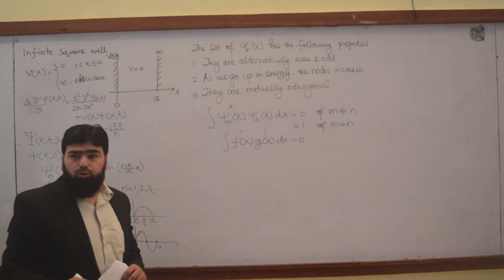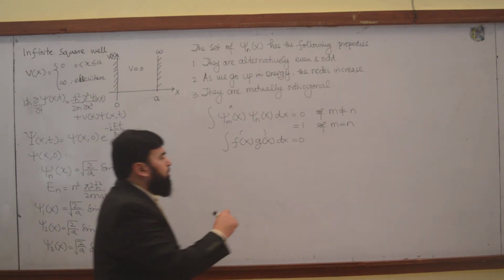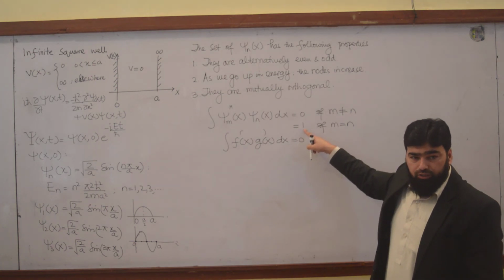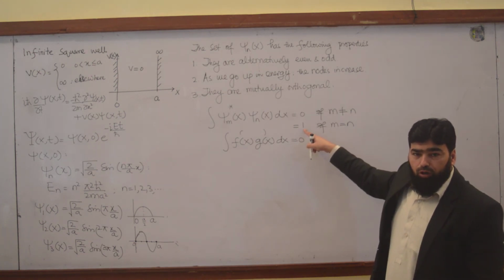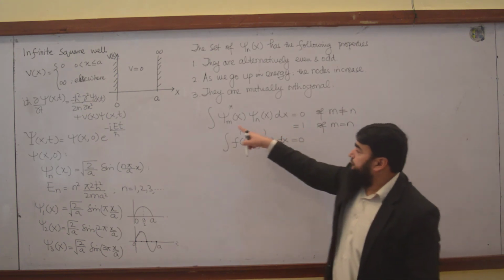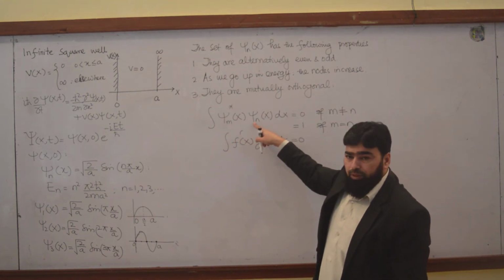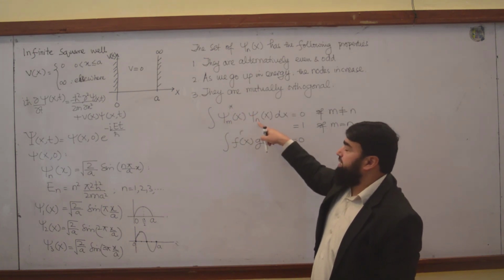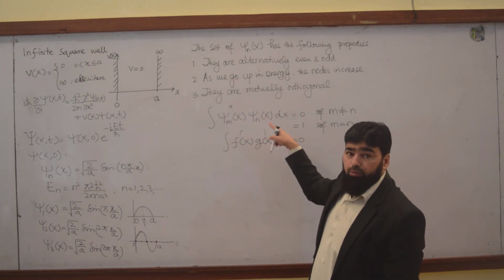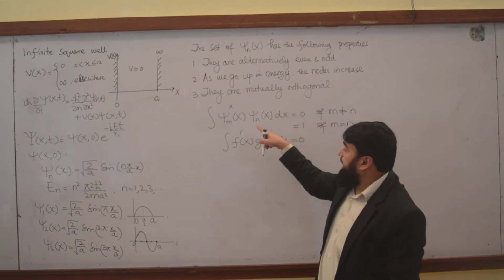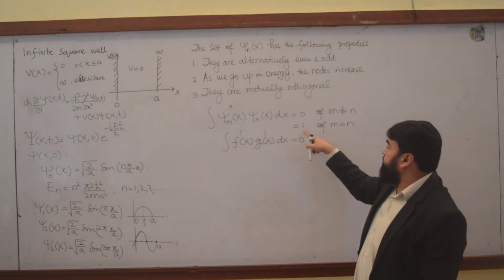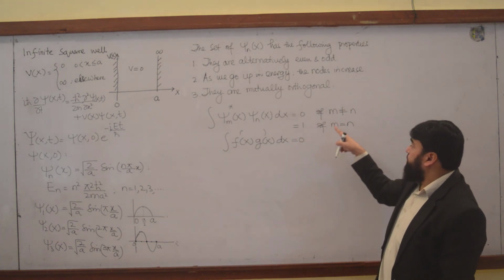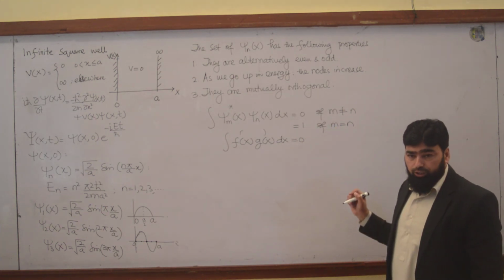When will this come out to be equal to 1? When your wave functions are normalized. Because for a normalized wave function, when m and n are the same, this is psi n conjugate psi n, then it becomes psi n mod square. And psi n mod square for a normalized wave function will be equal to 1. And this will hold this condition.